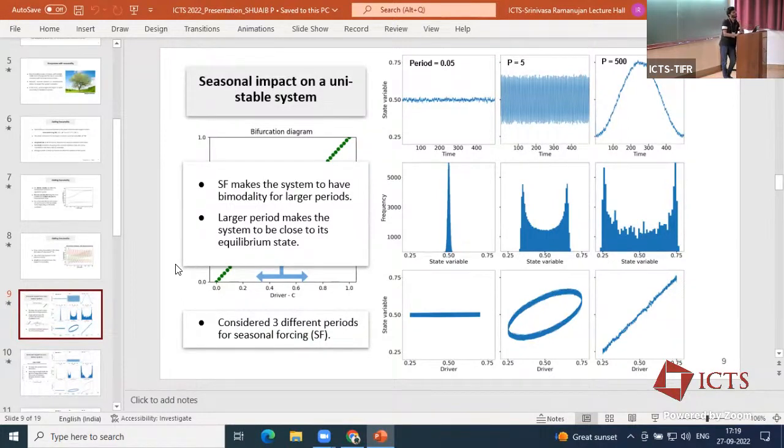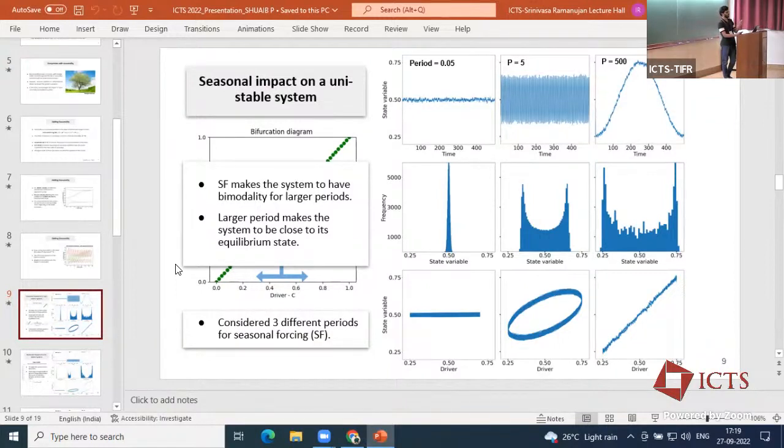But for lower periods, the system's response to the changes due to the seasonal forcing, I think the relative dynamics based on the period and the system's recovery time makes the system fall before it reaches the potential state the system can reach for that particular driver change.